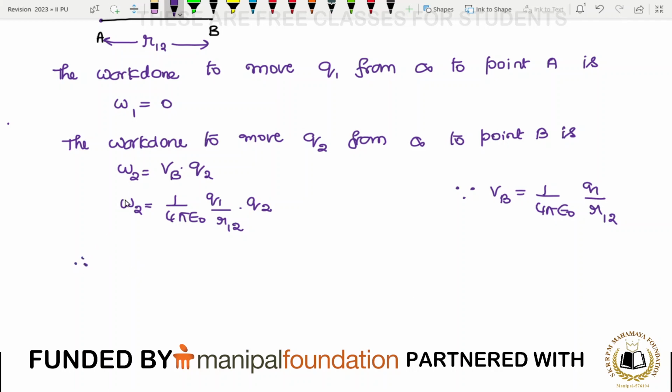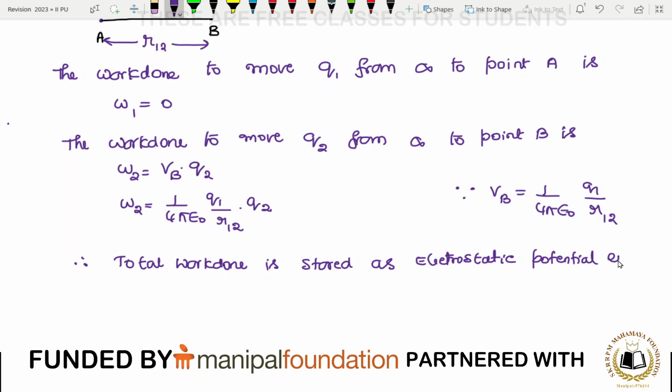Therefore, the total work done is stored as electrostatic potential energy.